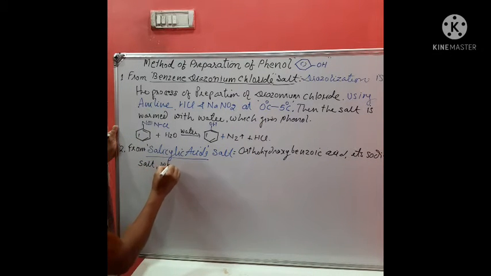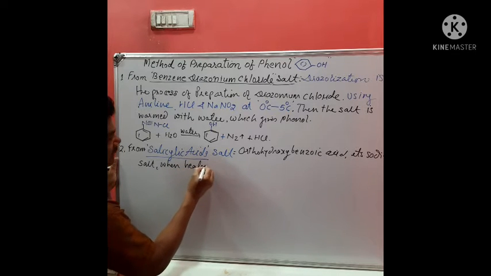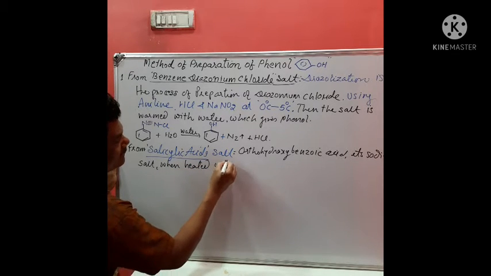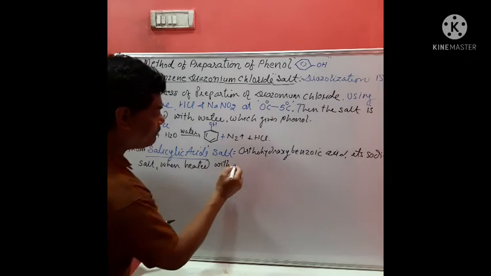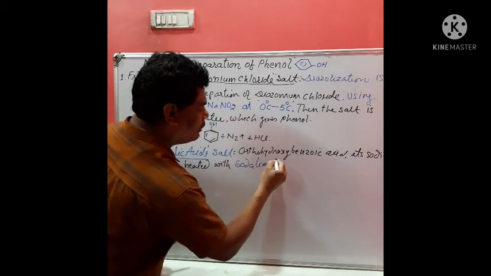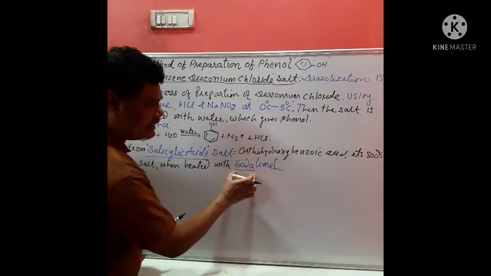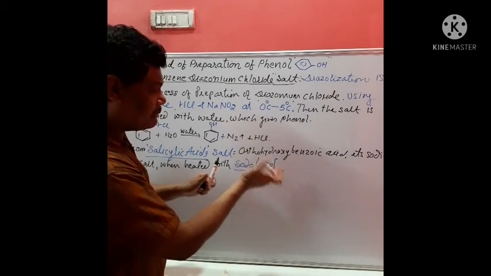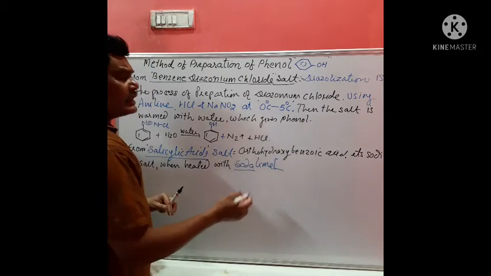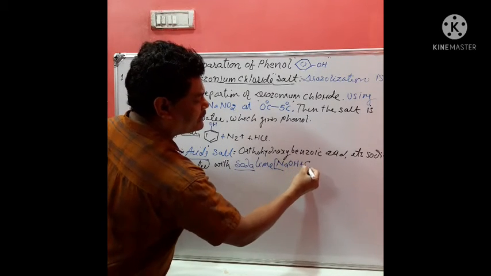when heated with soda lime. Now what is soda lime? That is sodium hydroxide and quicklime. This is the mixture of sodium hydroxide and quicklime, like NaOH plus what?